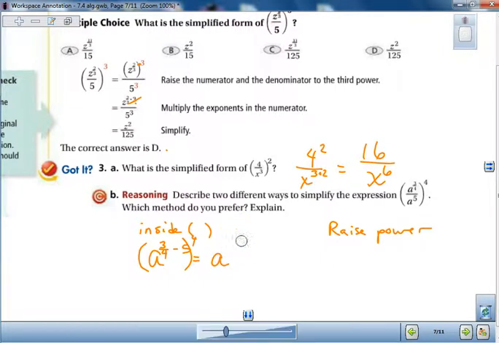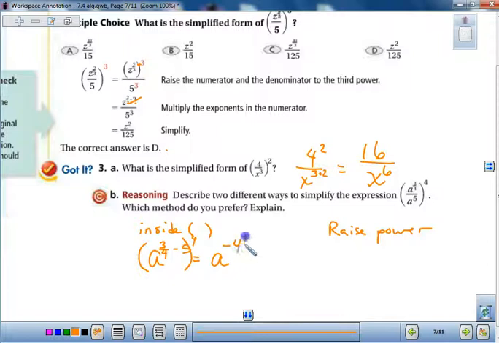So we have a to the negative 17/4 raised to the 4th. What's nice is when we multiply, we end up with 1 over a to the 17th, or a to the negative 17th.